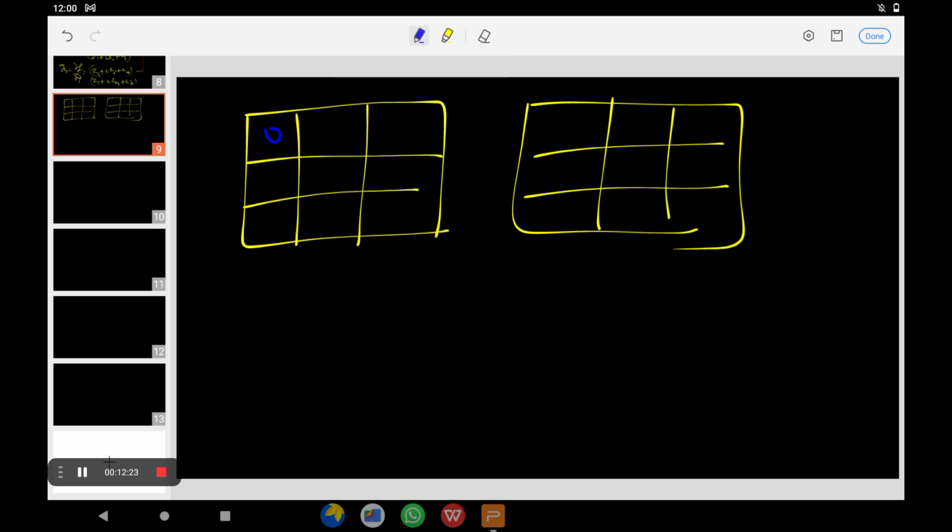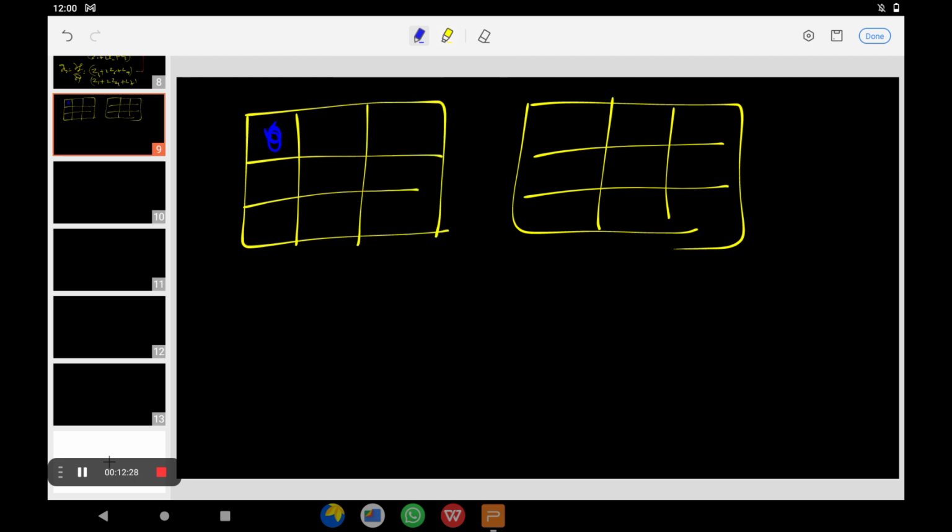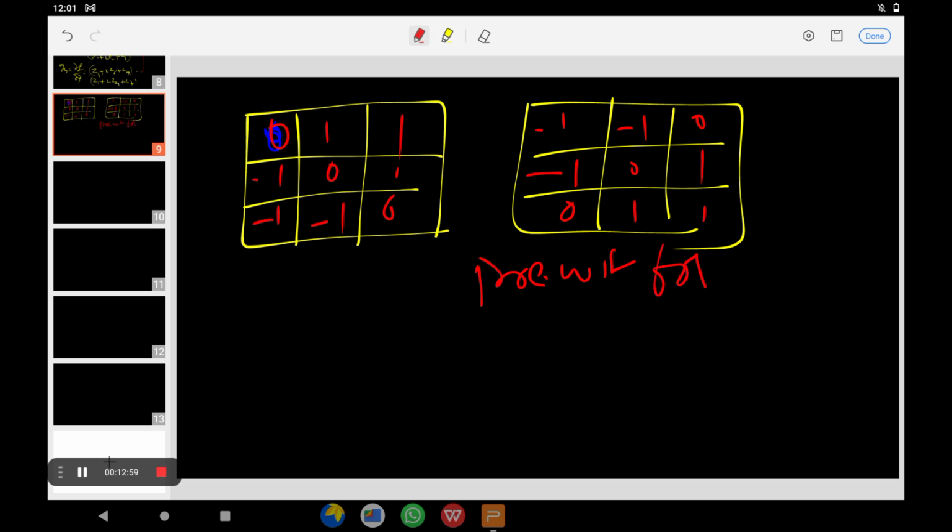Here 0, 0, so only the diagonal elements are different compared to the surrounding elements. So 0, 1, 1, -1, -1, -1 for one direction. This is for another direction: 0, 0, 0, plus minus 1, 1, 1, 1. This is the Prewitt filter, Prewitt for diagonals.